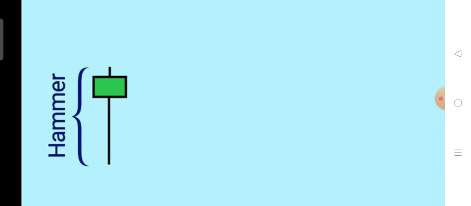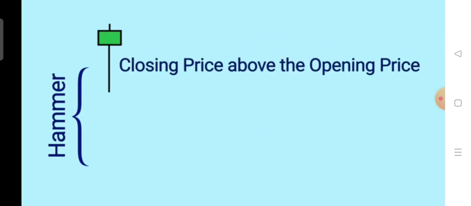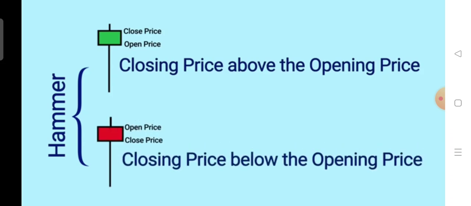A hammer can have the close just above the opening price or a little bit below the opening price. If it is above the opening price, then the candle is green, and if the hammer has a closing price below the opening price, then the hammer has a red body.